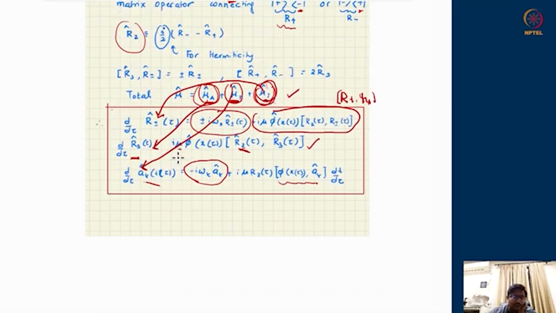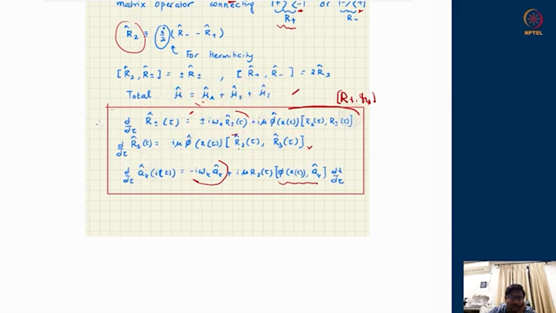Just to be curiously informed, you can see that every piece over here breaks into two parts. This is the free part. This would have been the usual evolution if there were no interaction, plus a controlled evolution due to the interaction. This is the zero term, the free evolution, if there were no coupling of atom and field.